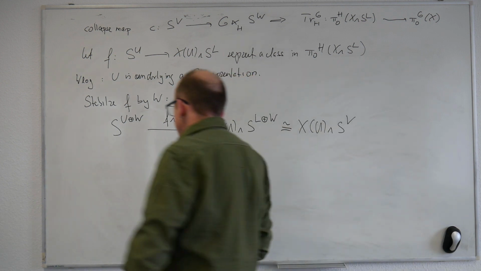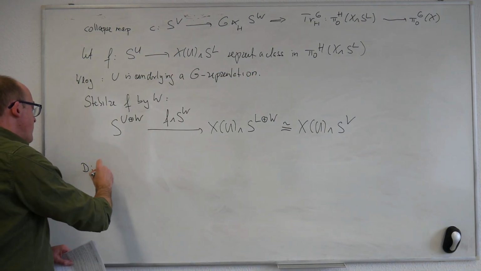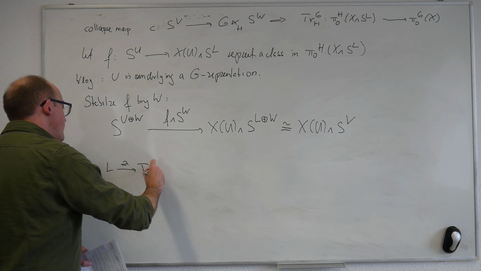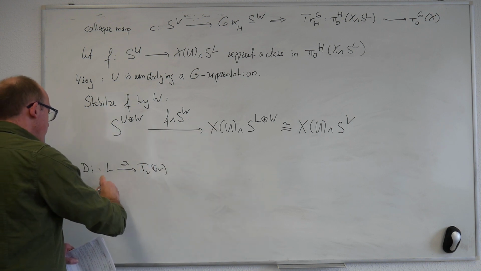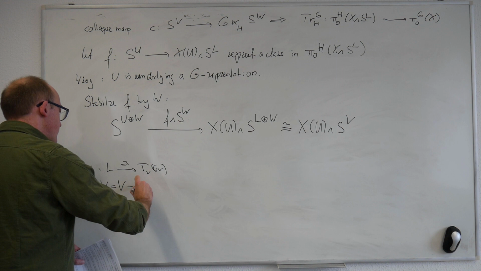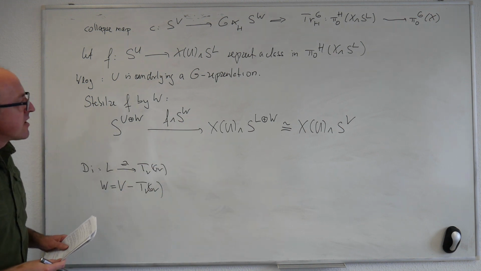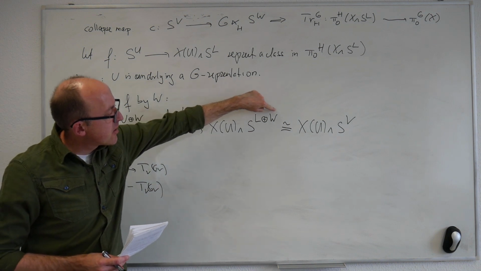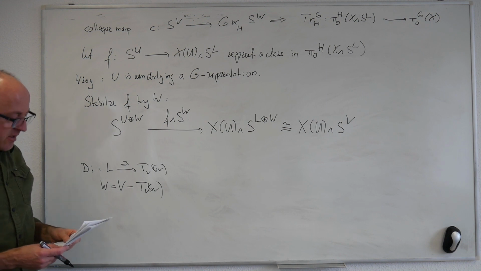So why can I do this? Well, remember that the differential of the embedding i was an identification of L with the tangent space at V of the orbit, and W was exactly the orthogonal complement. So this identification is given by the differential of the embedding i on L and just by the inclusion of W. And this is all an H equivariant identification.